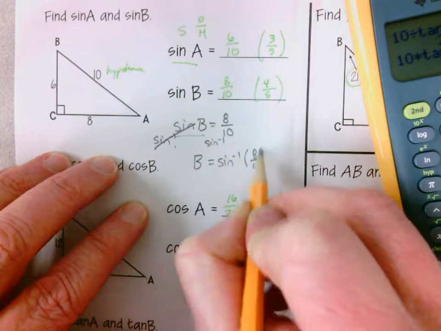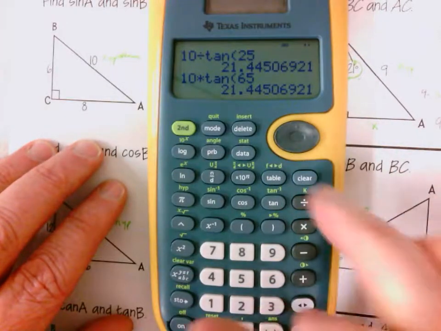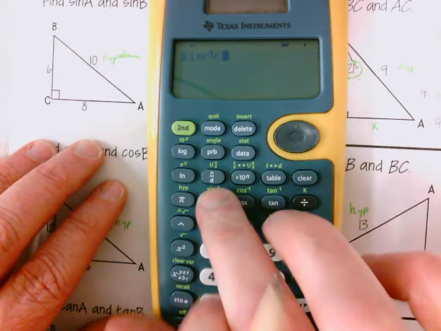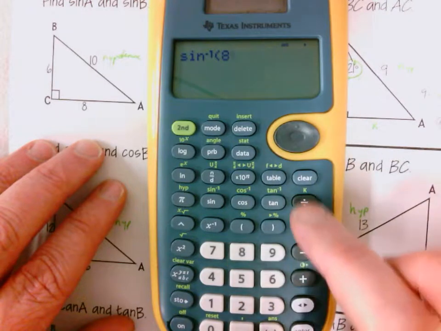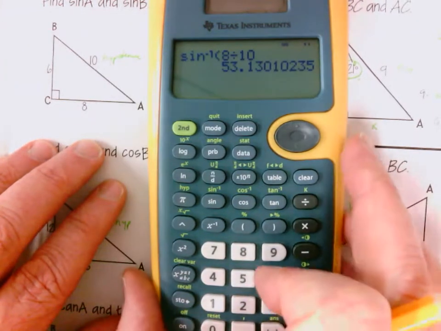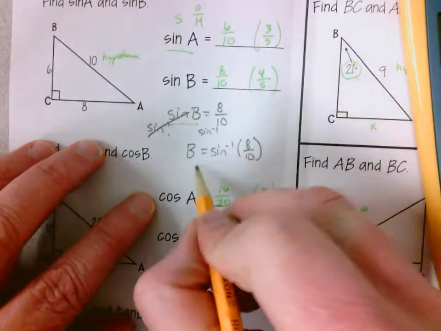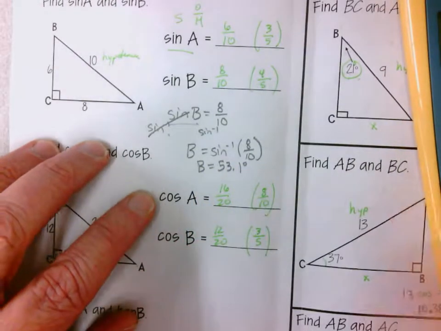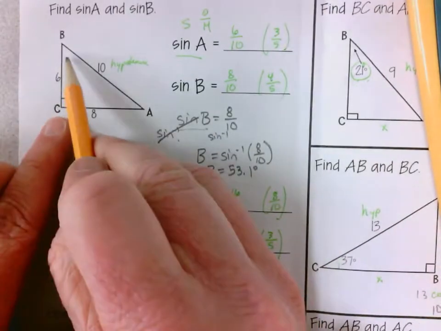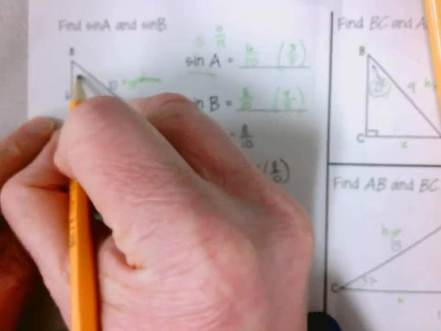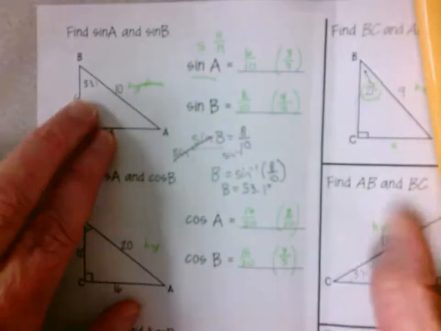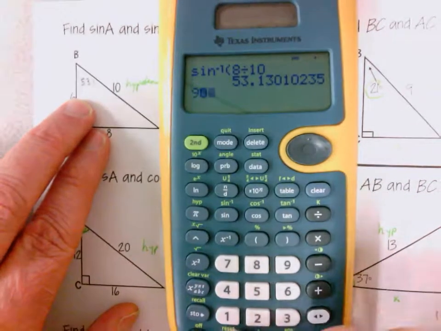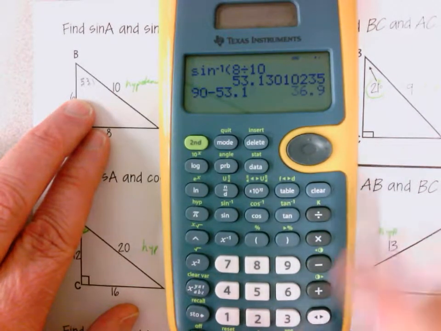So the inverse sine, or second sine, of 8/10, and that's going to tell me the angle, 53.1. You only ever have to do that once, because if you know that angle is 53.1, you can take 90 minus 53.1 to get the other angle.